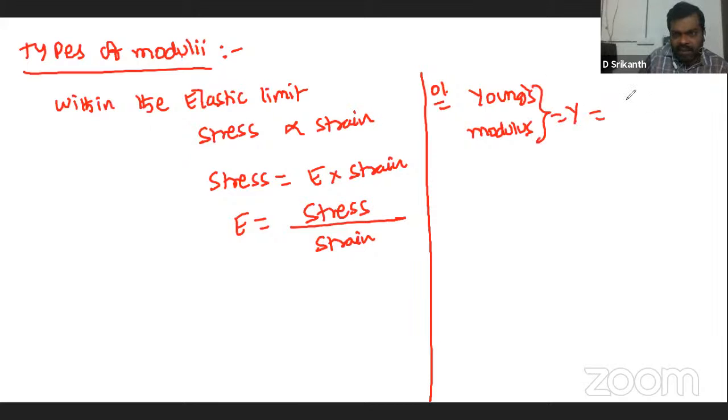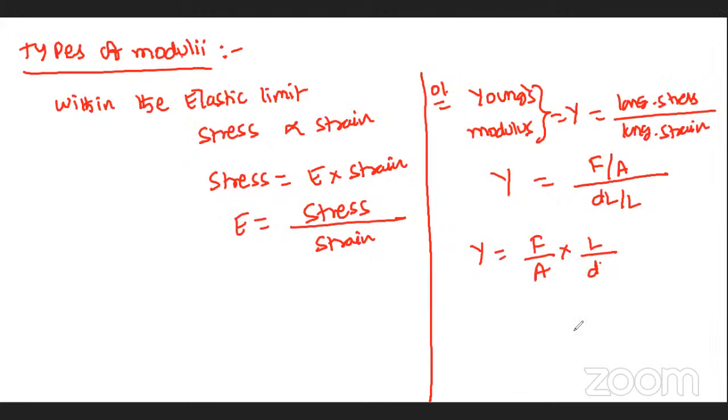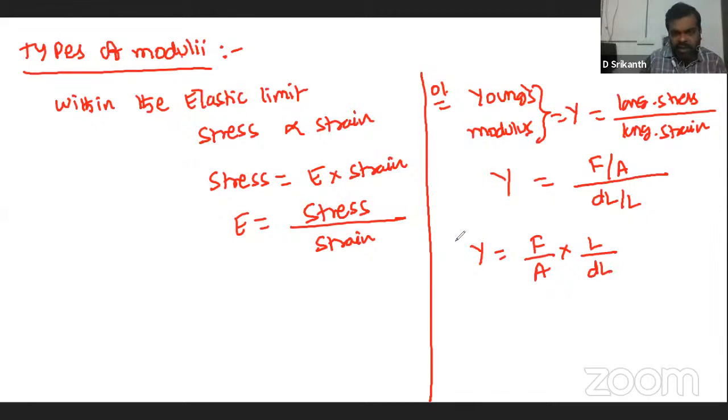It is longitudinal stress by longitudinal strain. That is Y equals F by A by dl by L, so Y equals F by A times L by dl. That is the formula for Young's modulus. Remember this formula.